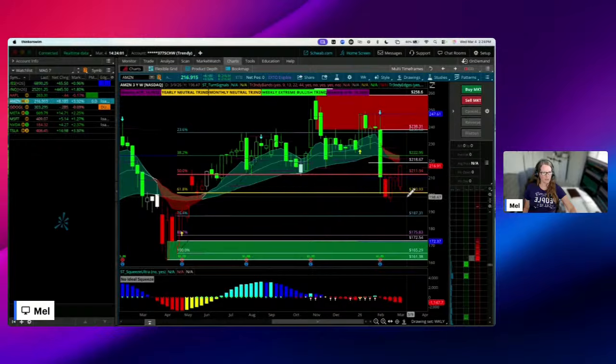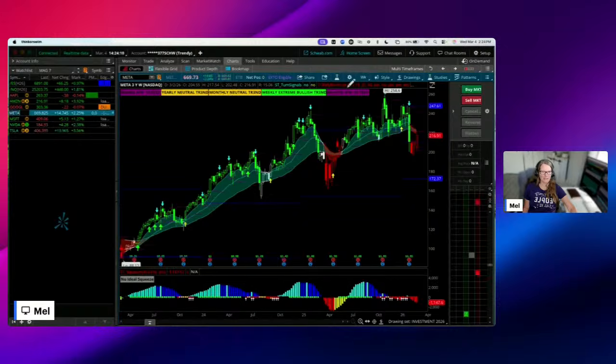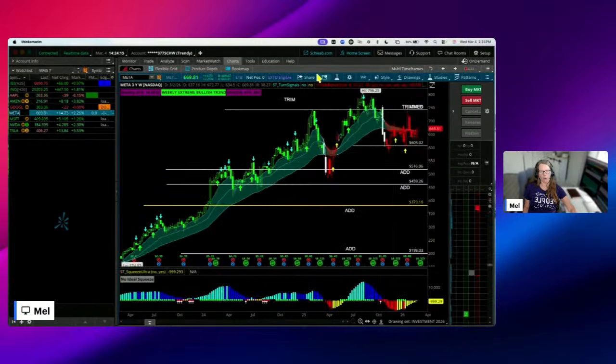If we close below 200, that big psychological value of 200, then I want to be a dip buyer down near 175. All right, let's look at Meta. I'm going to give you the levels for the longer term trade first.